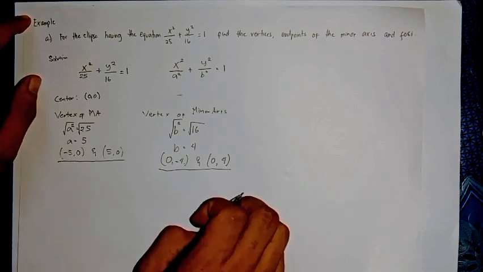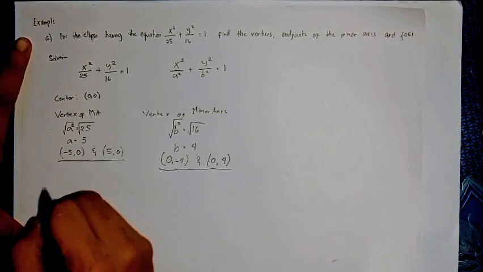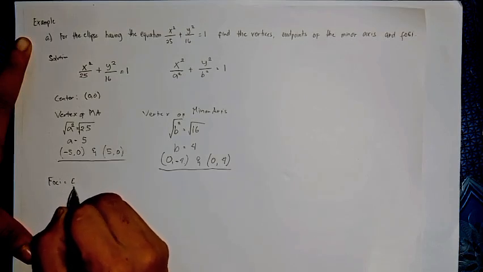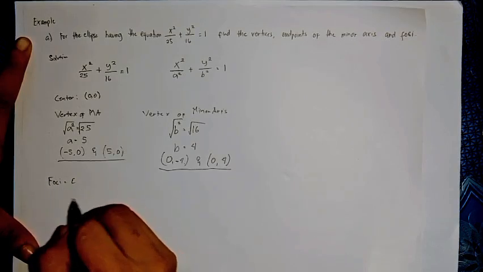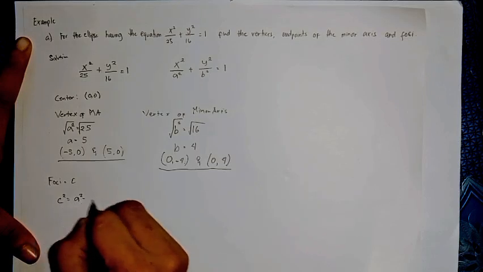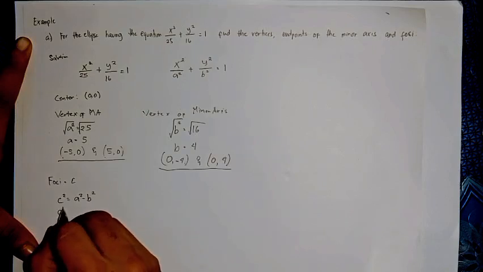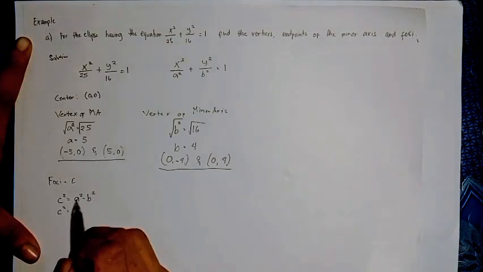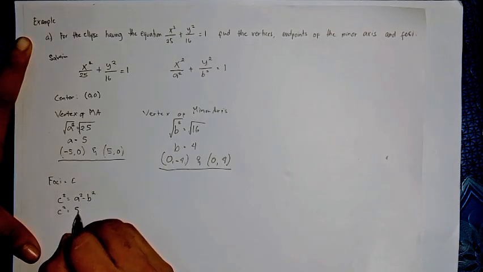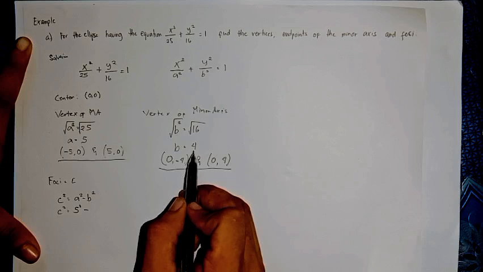Now let's find the foci. Again, foci are denoted as c, right? To find c, we will use c squared is equal to a squared minus b squared. Next, you just substitute the values of a and b. So a we have 5, 5 squared minus our b is 4 squared.